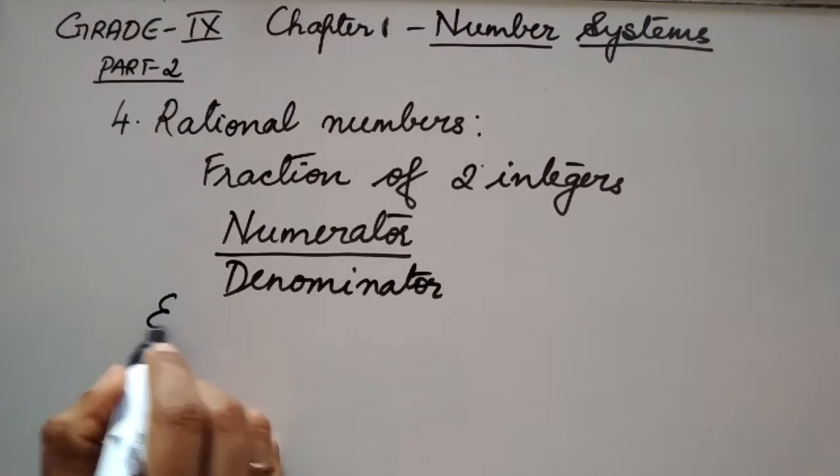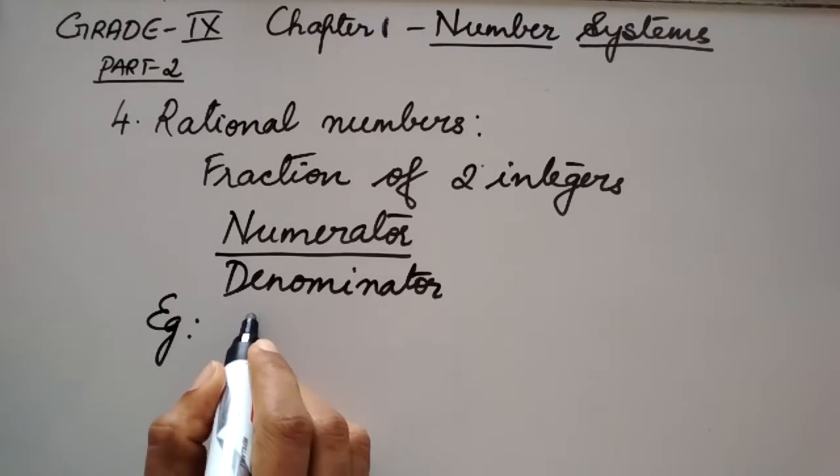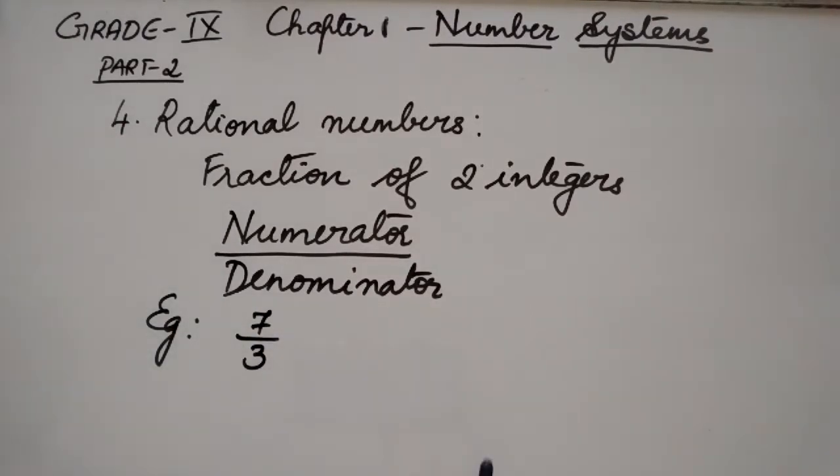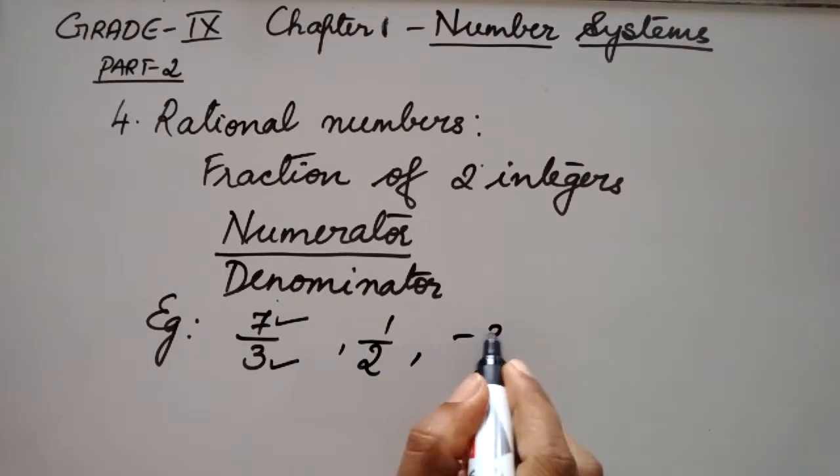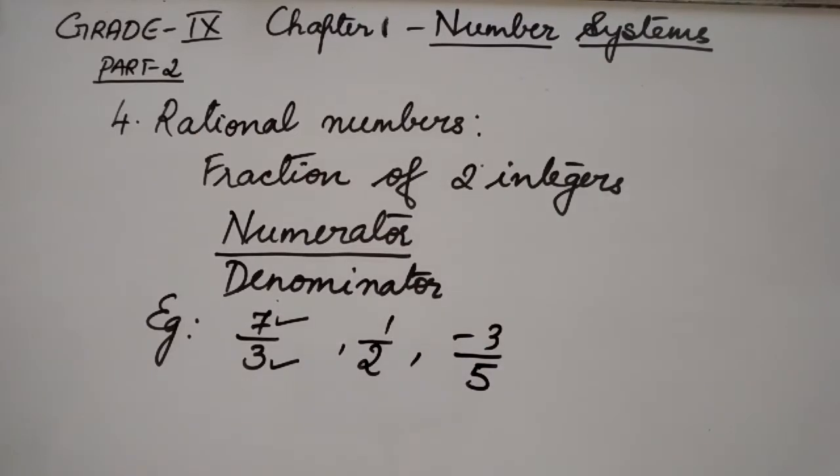For example, 7 by 3 is an example of a rational number. Here in the numerator we have the number 7 and in the denominator we have the number 3. Similarly, we have half, minus 3 by 5, all these are rational numbers.